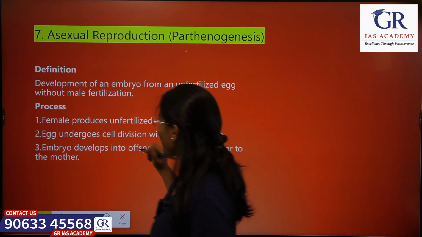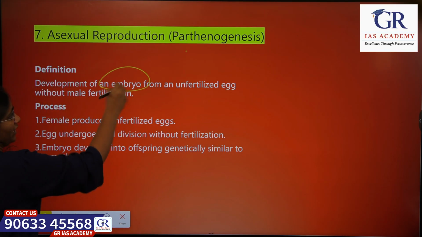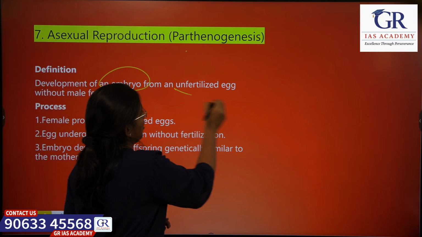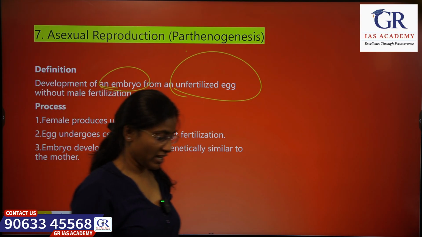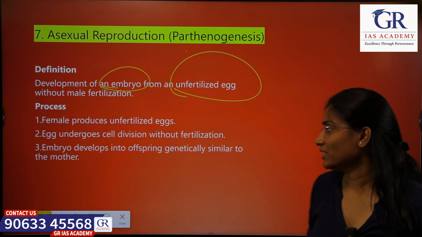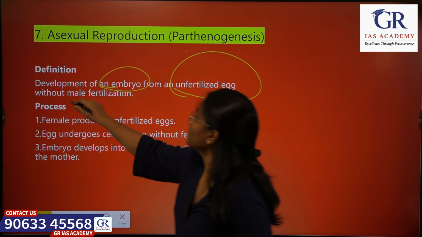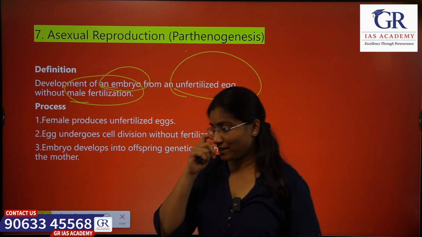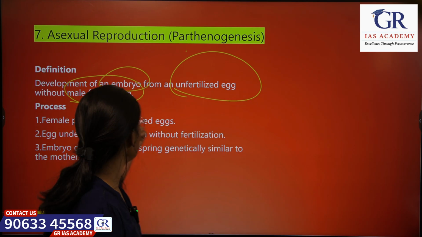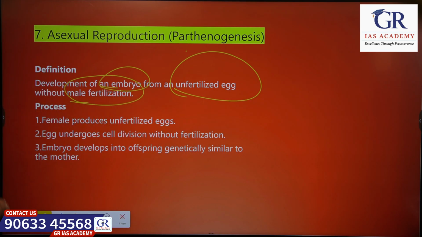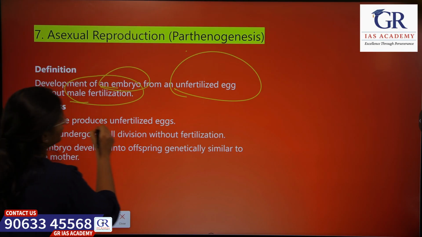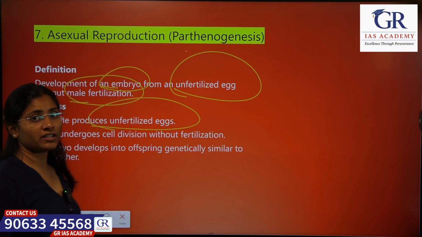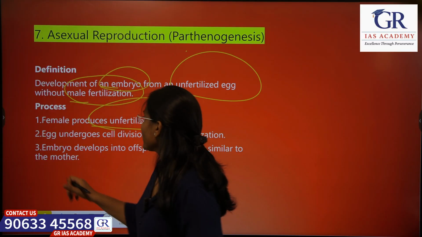An embryo from an unfertilized egg is developed without any male help in the fertilization process. That is called parthenogenesis. So what is the process? The female produces eggs which are unfertilized, and then what happens?